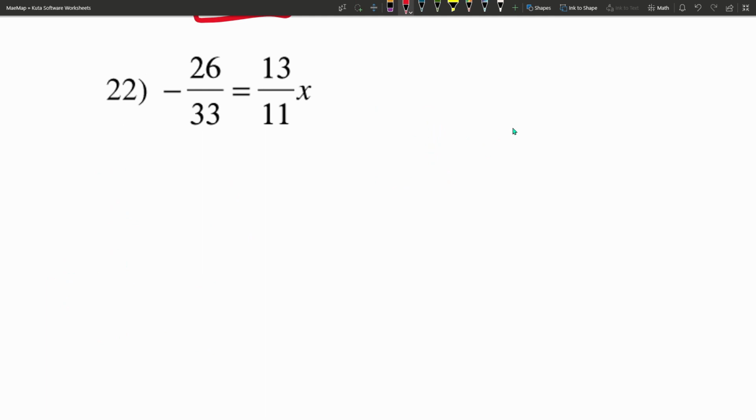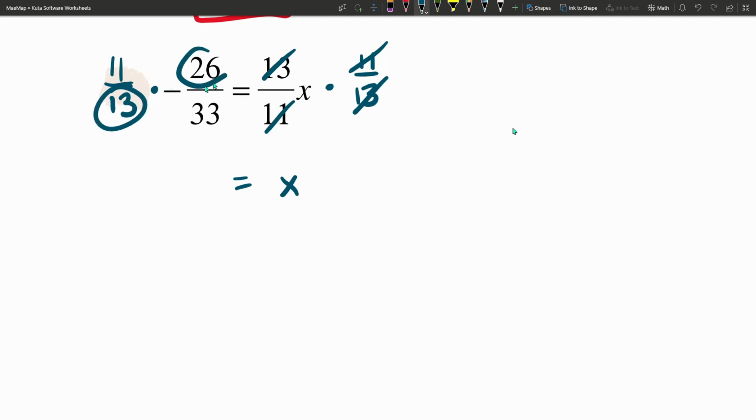In the last problem, number 22, I'm going to have to do multiplication, and I'm going to multiply by that reciprocal. So multiplying by 11/13 to both sides. And the nice thing about this is that 13 goes into 26 2 times. So we'll write this as 1 and this as 2.